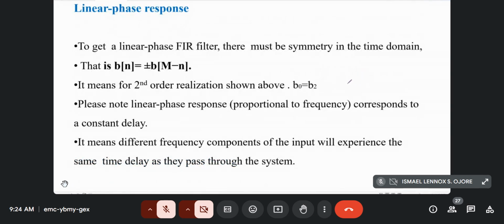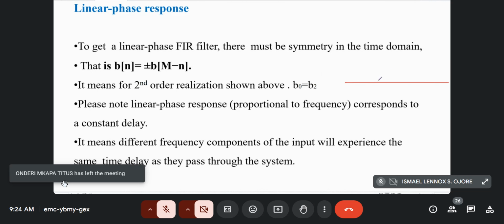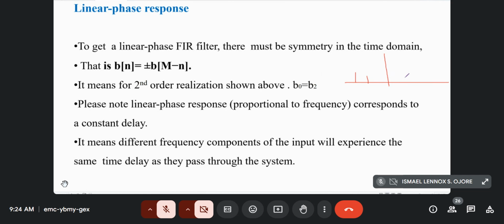let's check the case where m is equal to 5, to understand this. So b of n is equal to b of m minus n. This is B0, and m in this case is 5.